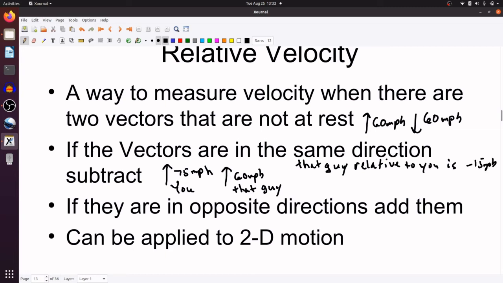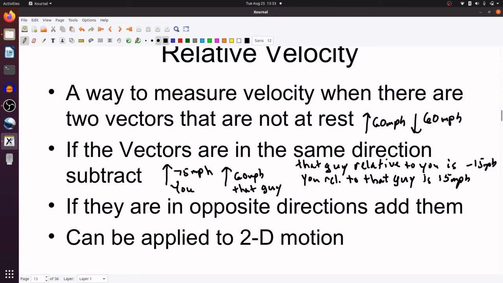If you didn't know you were moving, you would pass that guy, and it would look like they're moving backwards relative to you. And then you, relative to that guy, just put REL, is 15 miles an hour.